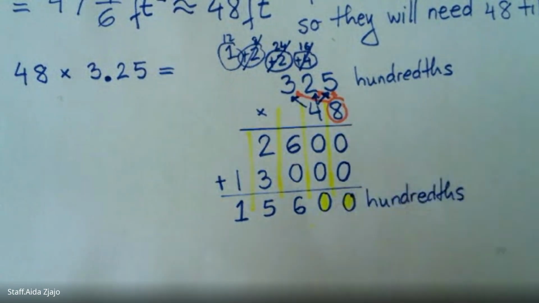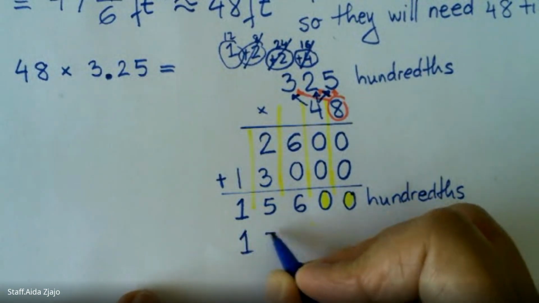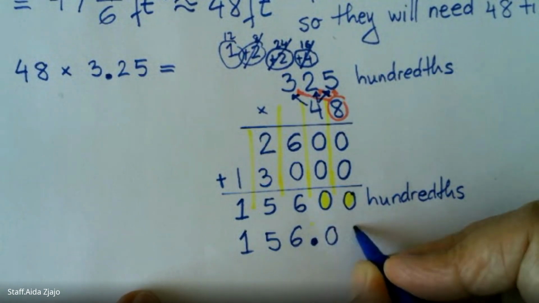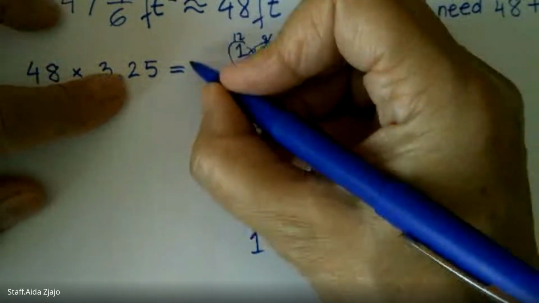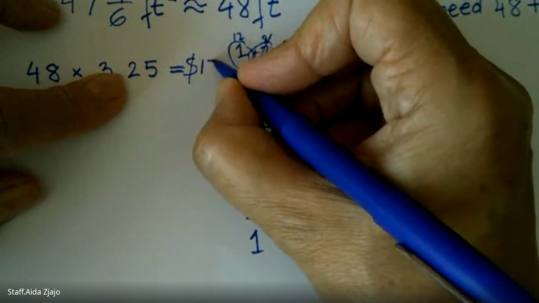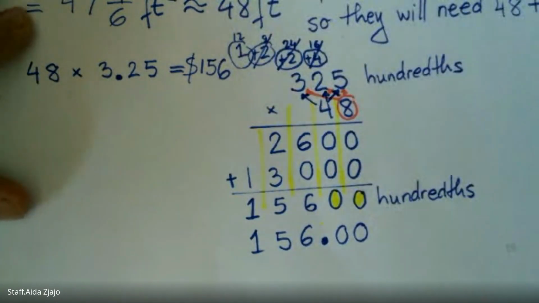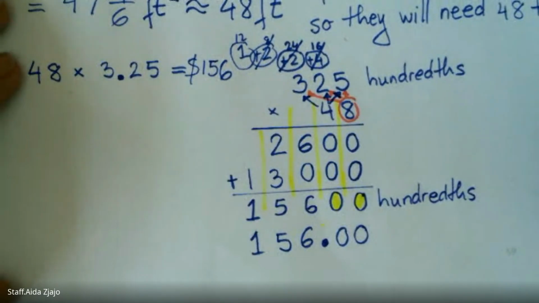So my decimal is going to be right here. So my whole number is 156 and 00 hundredths. So they will need to pay $156 for 48 tiles. So how much will they spend on flooring?